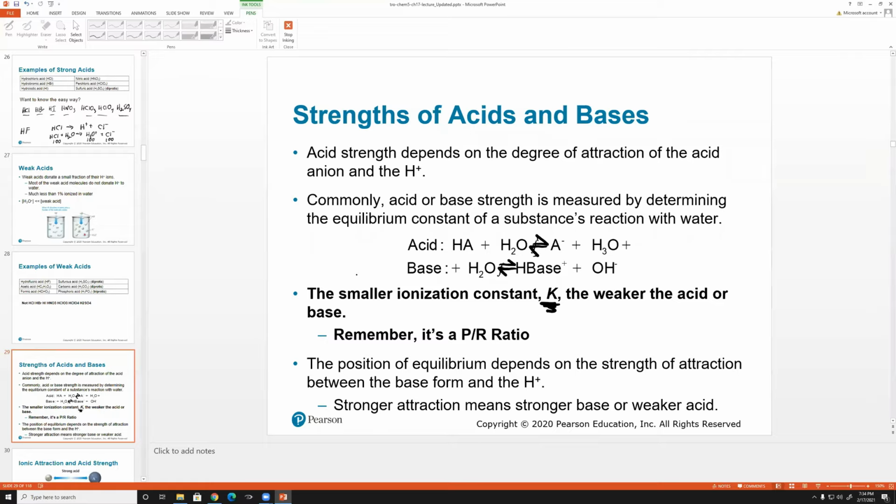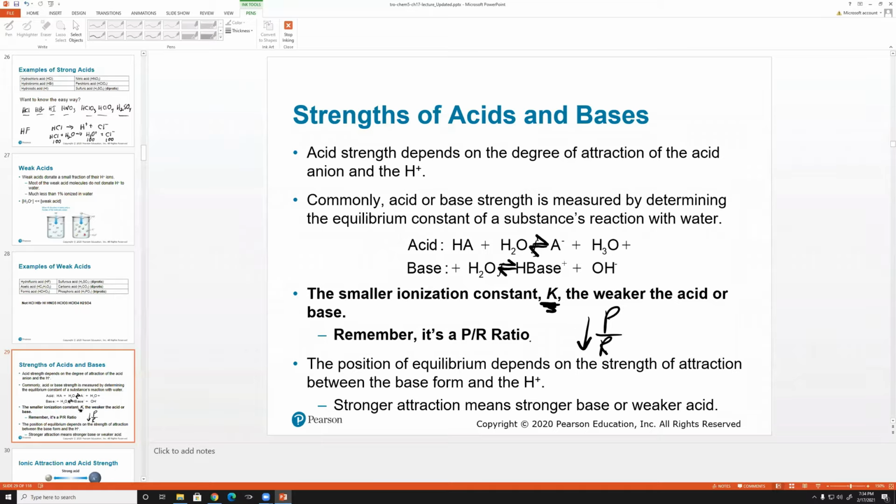Anyway, good feedback. So this constant is calculated the same way. It's a ratio of the products over the reactants. Now, if you have a small ionization constant, meaning this ratio between products and reactants is going to be small, that means most of the concentration in the equilibrium equation is going to be towards your reactants.